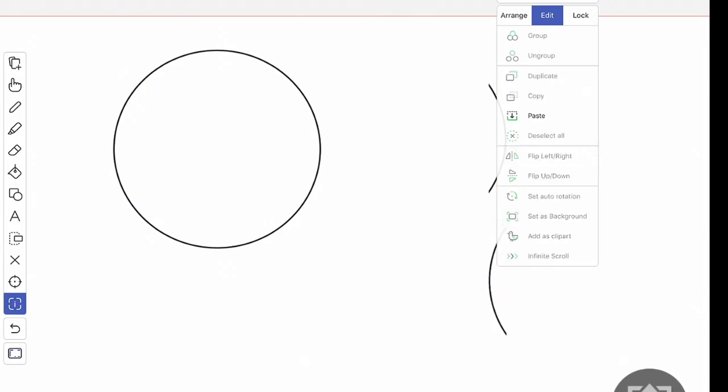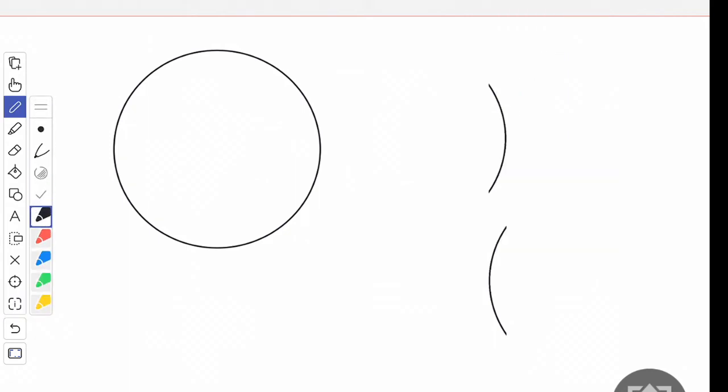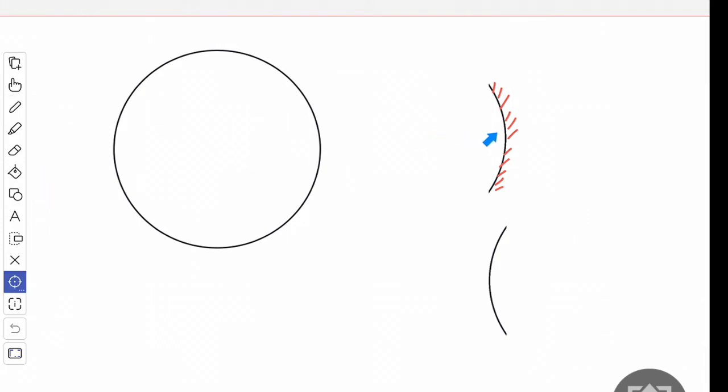Now what I can do is, one mirror I take and I put some silver from this side. So this is the side which reflects. If light comes like this, it will get reflected here.